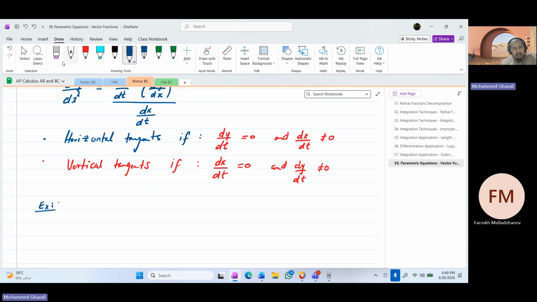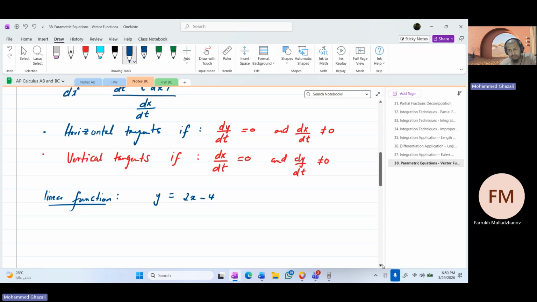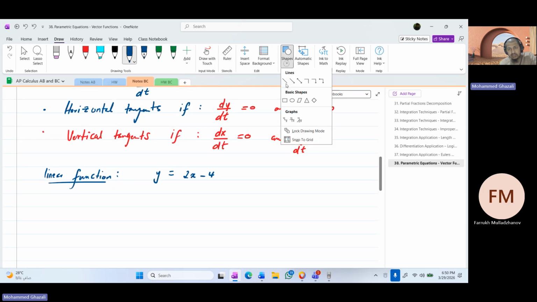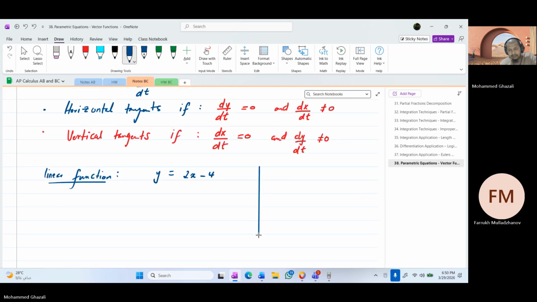Consider a linear function, for example, y is equal to 2x minus 4, and you get something like this.